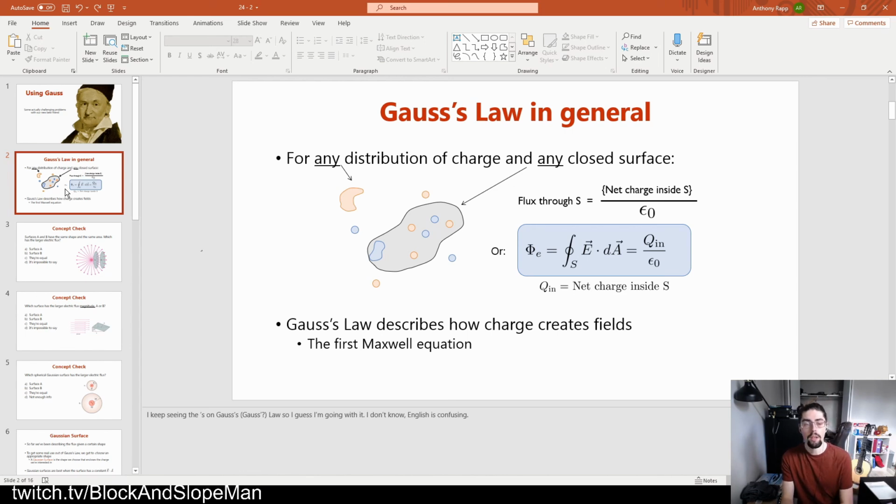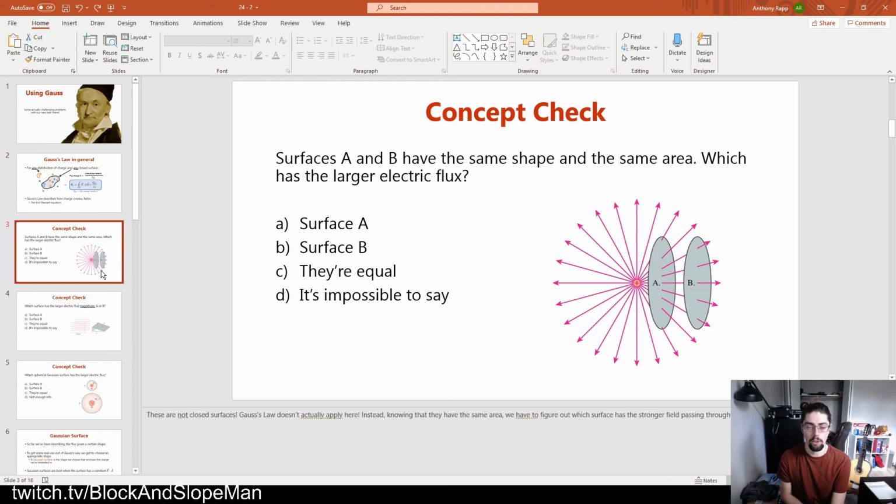But let's do some concept checks real quick, mostly from last time, to see how much we remember conceptually. Surfaces A and B have the exact same shape and the exact same area, and they're lined up next to a point charge as shown in the picture. Which of my two surfaces is going to have the larger electric flux?